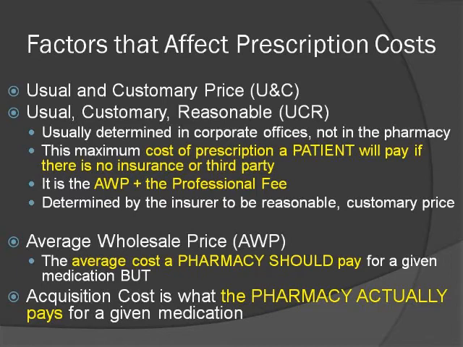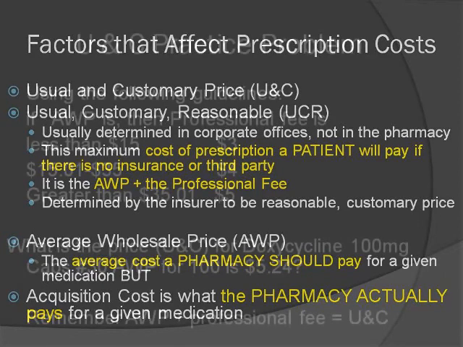You'll also hear the term acquisition cost, which is the amount that the pharmacy actually pays for a given medication. The standard price charged to patients who pay cash for prescriptions without third-party coverage is the UNC. The AWP is what pharmacies should pay, but the acquisition cost is what they actually pay.